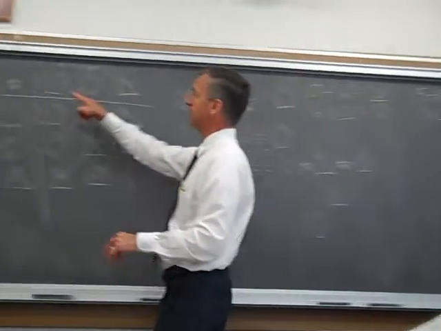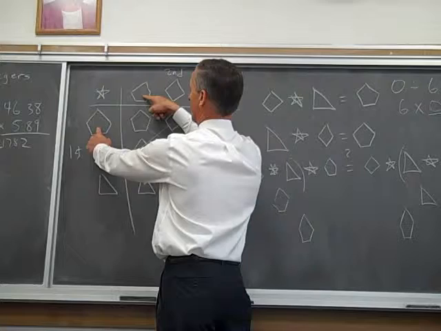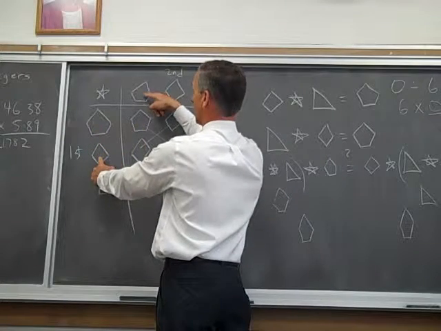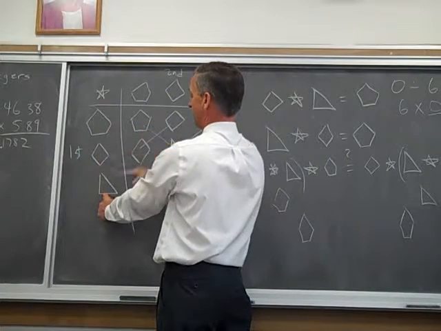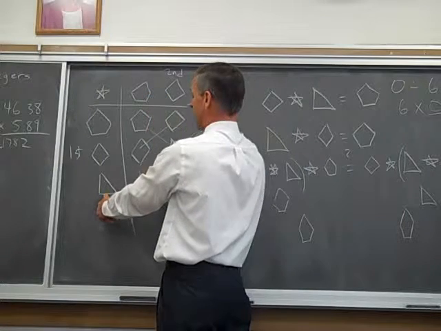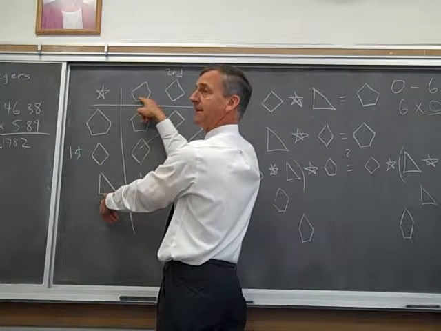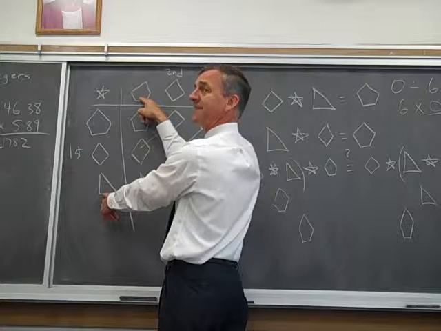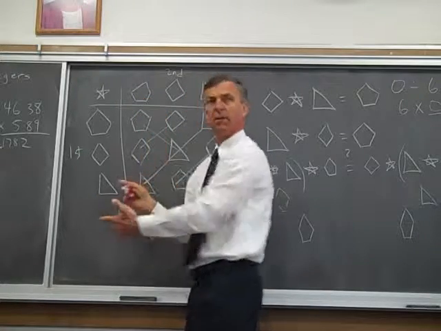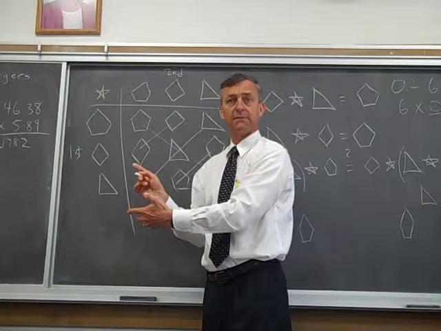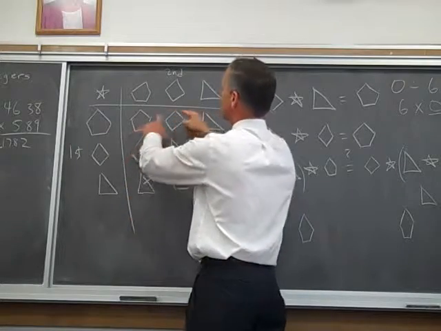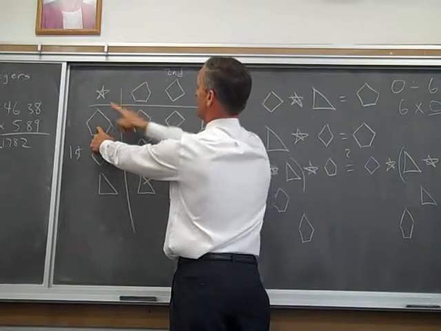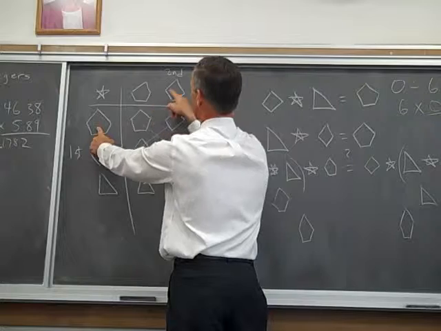Pentagon. I take pentagon and star it with pentagon and get pentagon. Take diamond, star it with pentagon, I get diamond. If I take triangle and star it with pentagon, I get triangle. It appears that pentagon does nothing when I star with it. Does that make sense? And we could try it this other way. Pentagon starred with pentagon is pentagon.